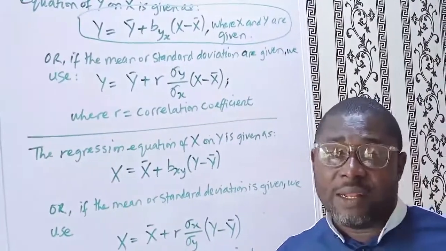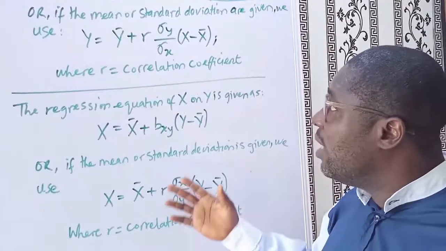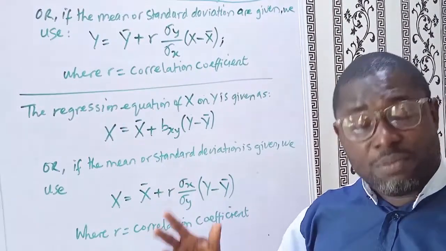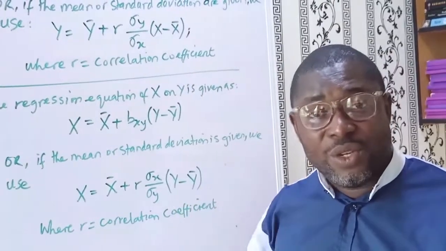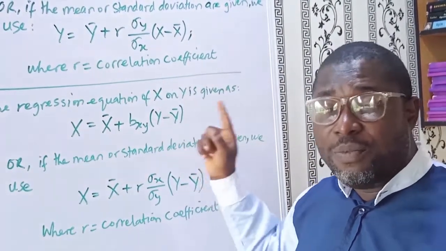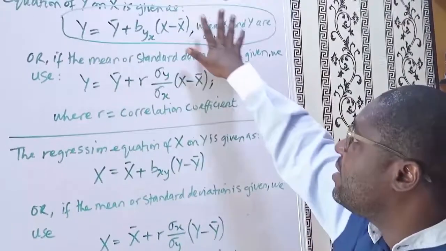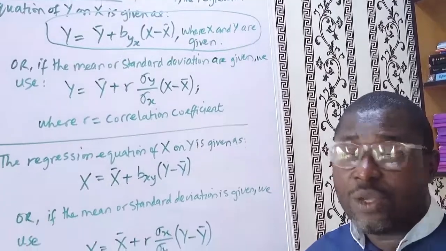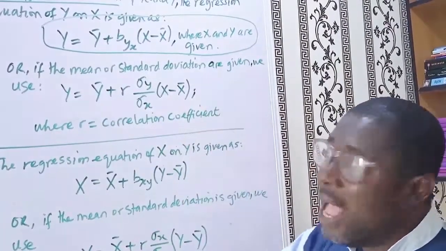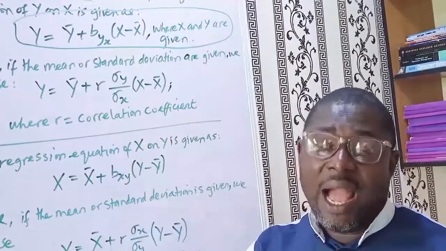I assume that what I'm saying so far may not be very practical to you, but I want to encourage you to watch the next video so that you can see how we can apply these equations to determining or predicting the value of x and y.